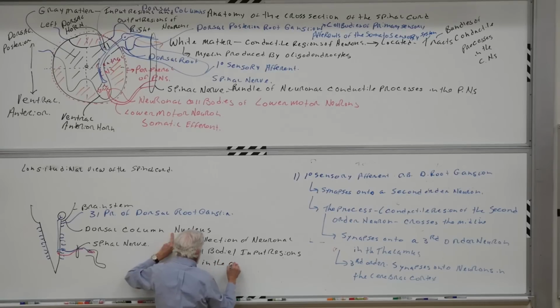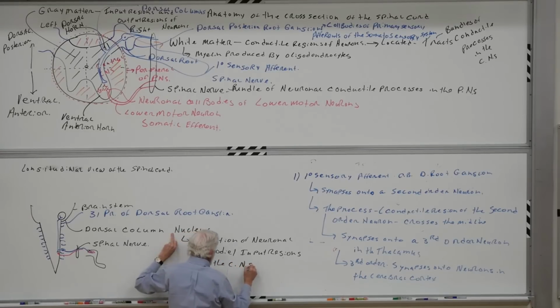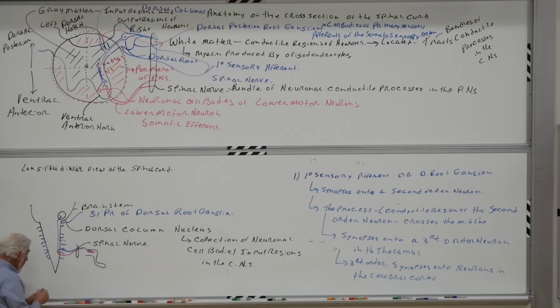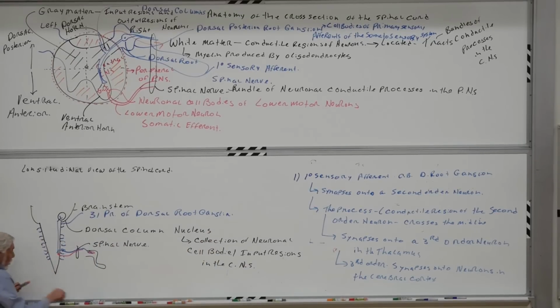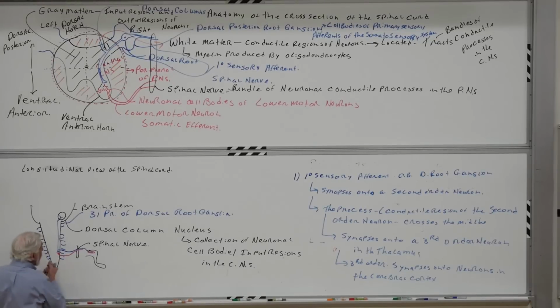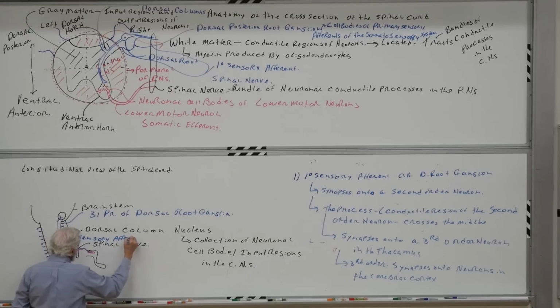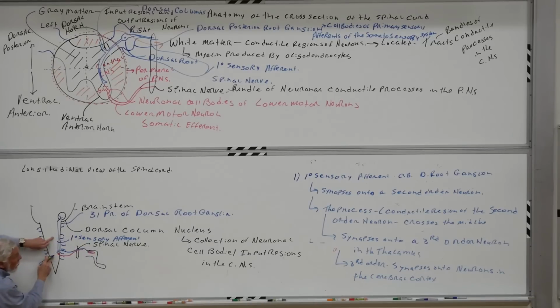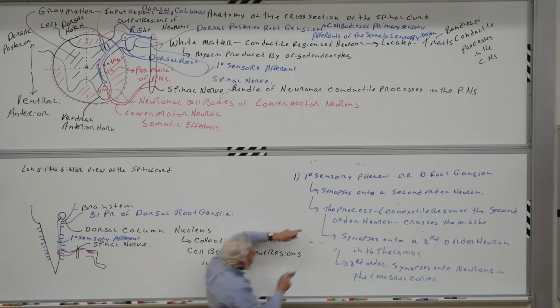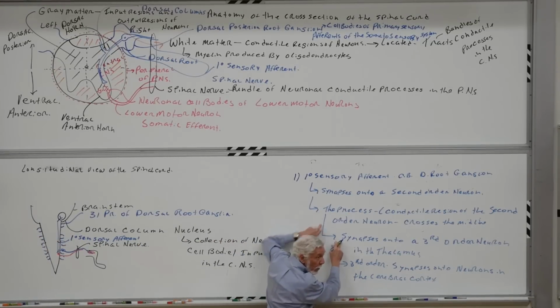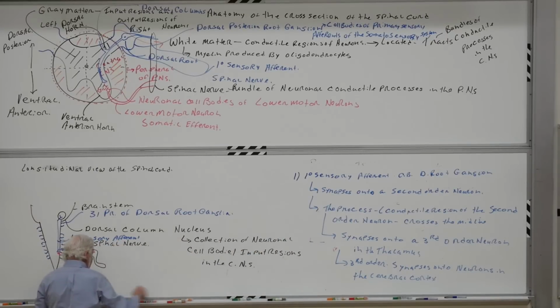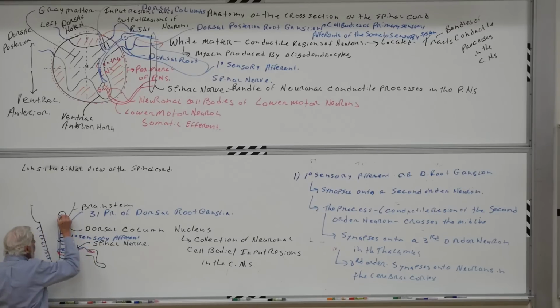In the central nervous system, this primary sensory afferent synapses onto a second-order neuron. The second-order neuron that I'll show here in orange has its input region or neuronal cell body here in the dorsal column nucleus.